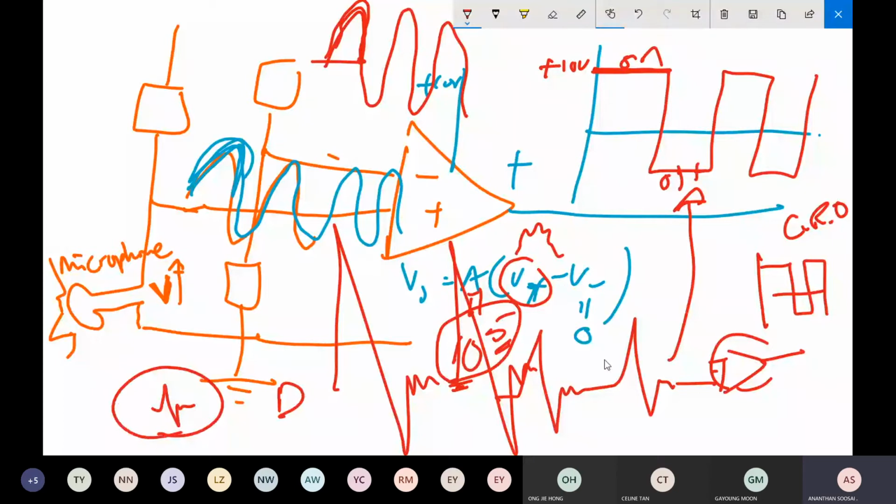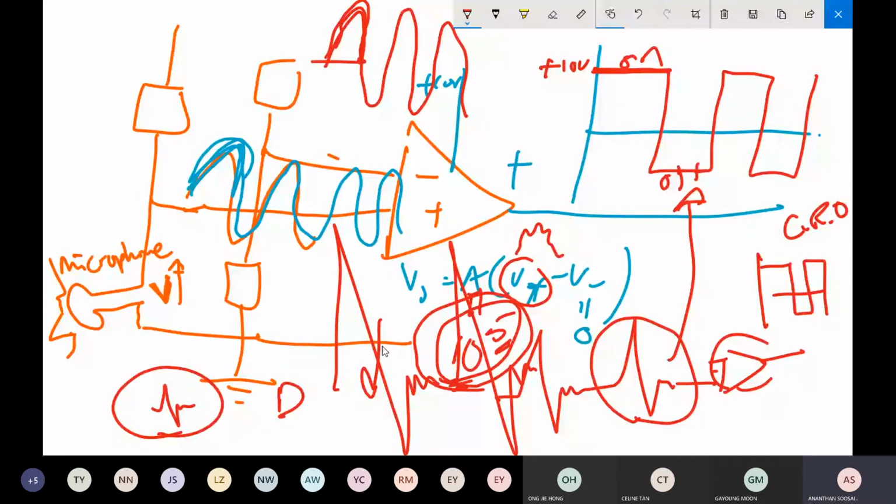So how can we do that? How can we retain the pattern when we pass the op-amp? What is the problem we face? The gain is huge. So what do you have to do if you want to retain the pattern? The gain must be reduced. So how do we reduce the gain?